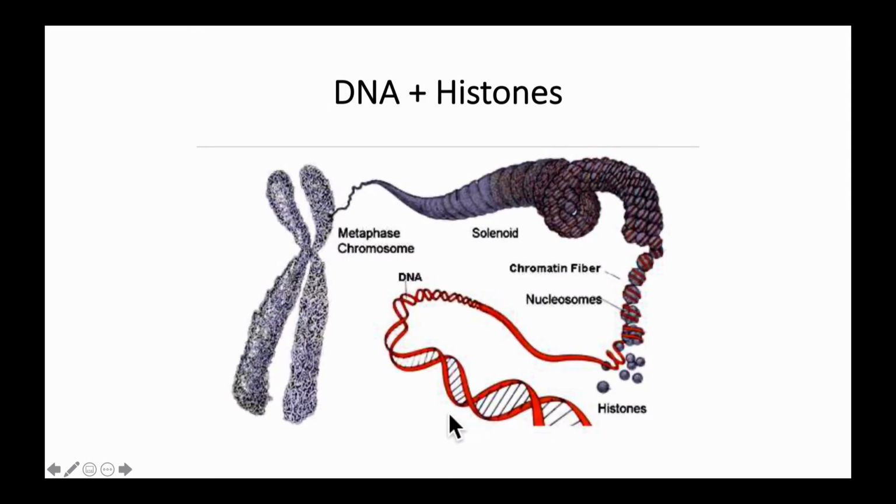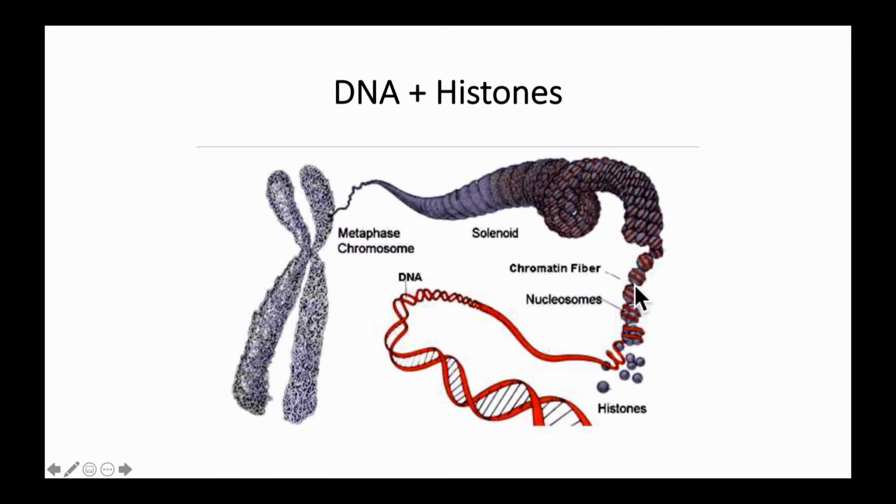Let's back up a little bit and go over a little bit. Again, we take genetic information and proteins. We call that chromatin. And again, remember what we said. When we have this chromatin wrapped around this core of 8 histone proteins, we call that a nucleosome. And these nucleosomes get packed to form these chromatin fibers.